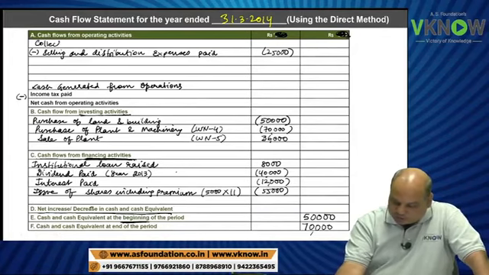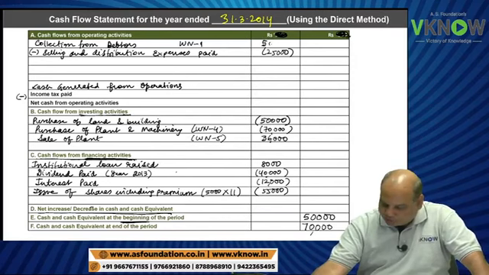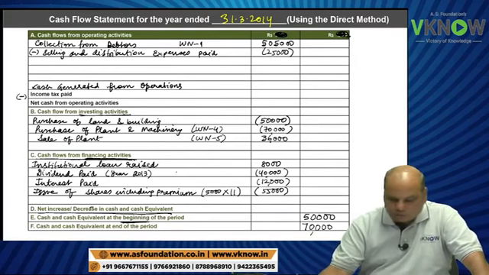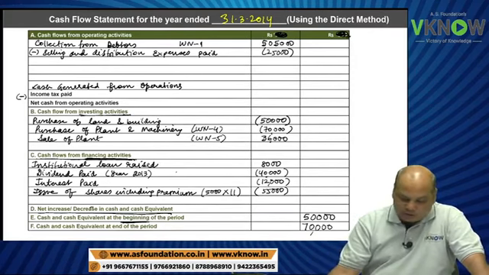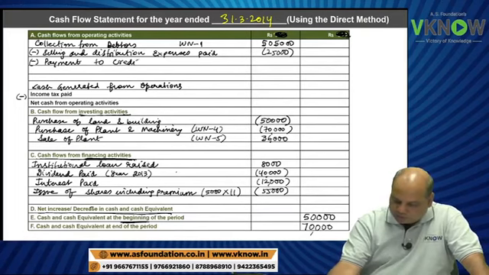Collection from debtor, in main operating activity, working note 1, and the amount you write positive 5,05,000. In the same place you write down less payment to creditors.